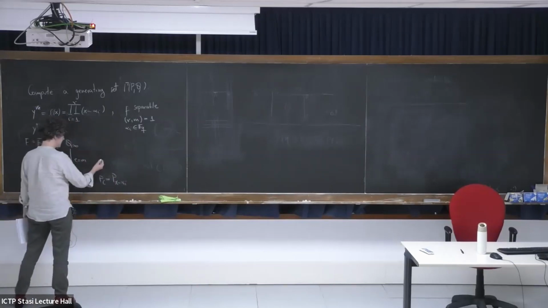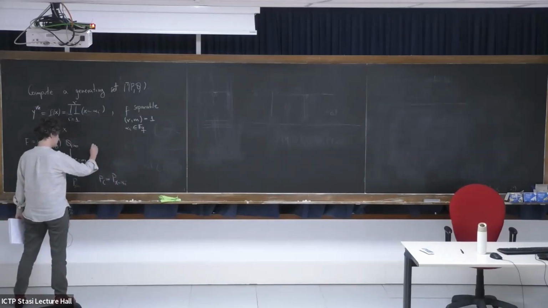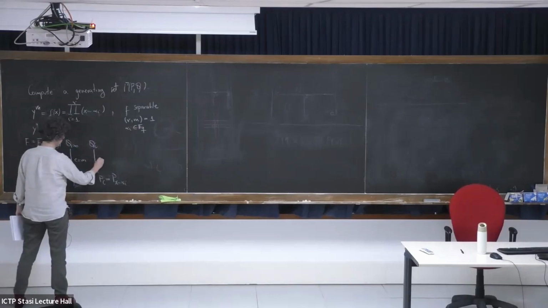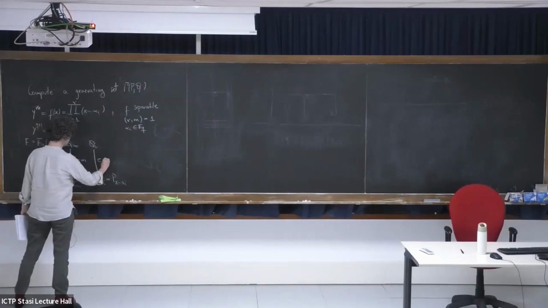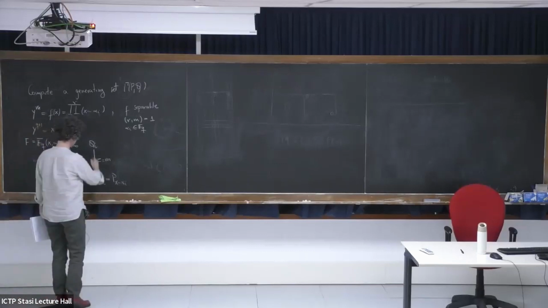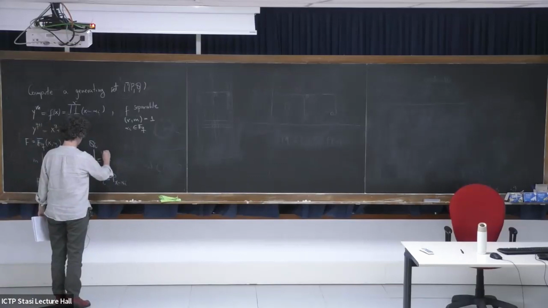Just as yesterday, these places are also totally ramified. Call it Q_i over here, with ramification index equal to m. This happens for i from 1 to r.